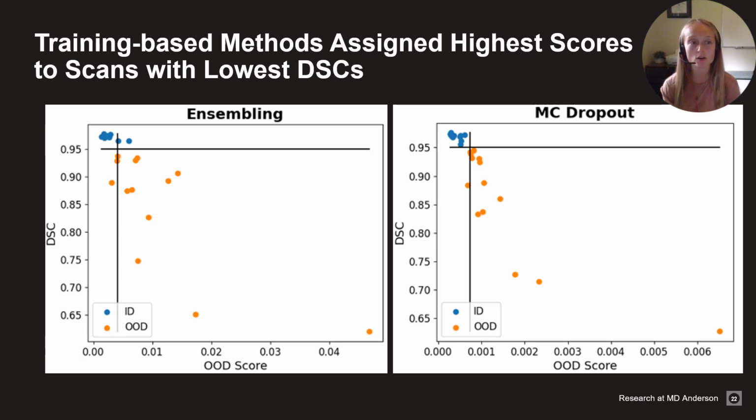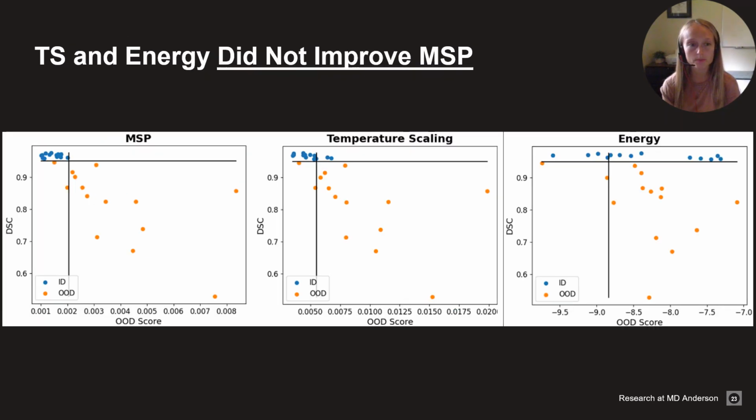When it came to the training-based methods, you can see a stronger correlation between the dissimilarity coefficient and the out-of-distribution score, with the lowest dissimilarity coefficients being assigned the highest distances.